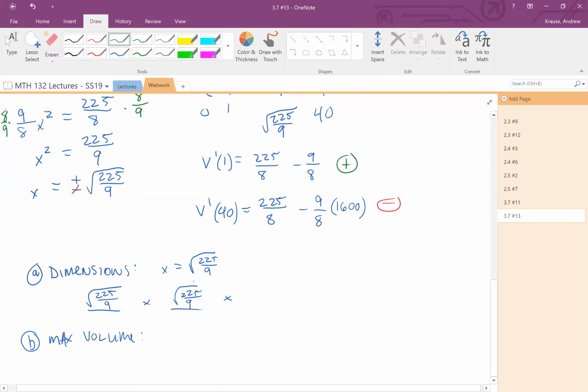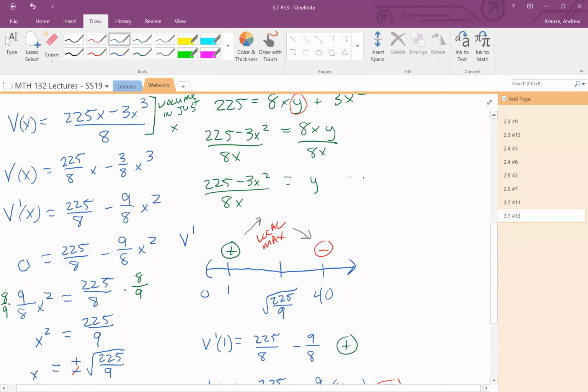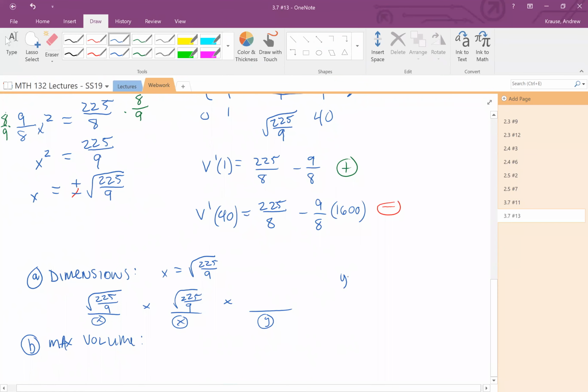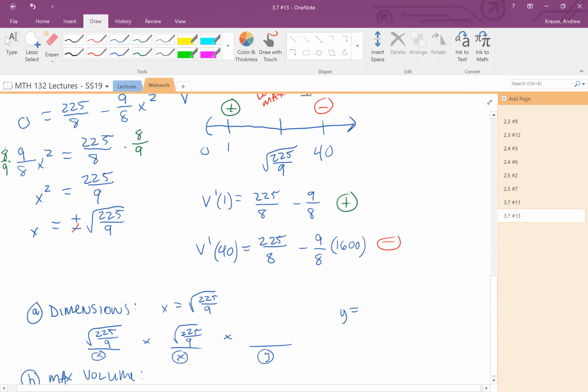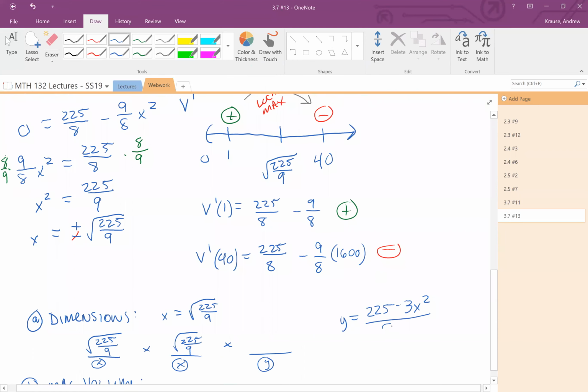And now we need to figure out our y dimension, okay? Because this is x by y. Well, how do we find y? We can actually go back and we can use our y equation here. So we know that y is equal to 225 minus 3x squared all divided by 8x. And we can just plug our x value into there.